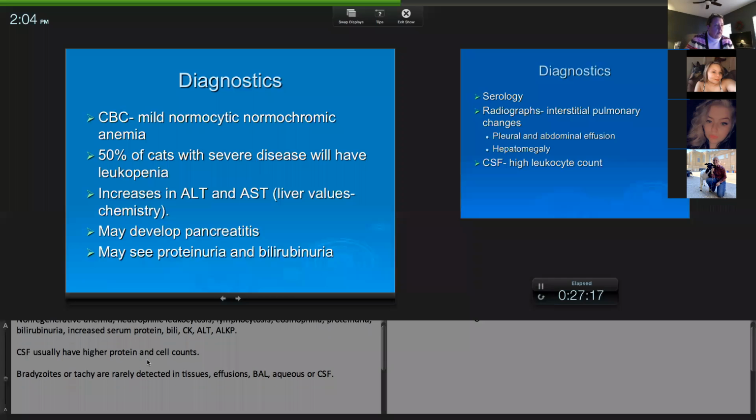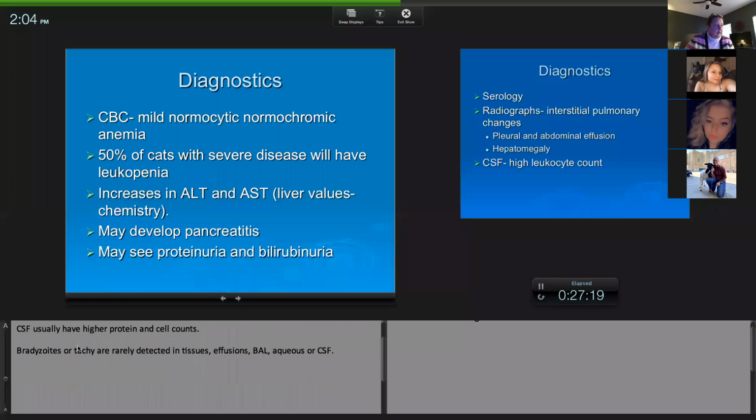Now, there's a separate note here: these are some advanced tests. Bradyzoites are rarely detected in effusions. BAL stands for bronchial alveolar lavage. You don't have to know that for the test.